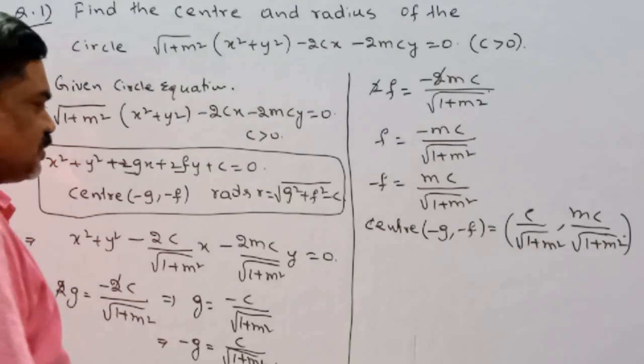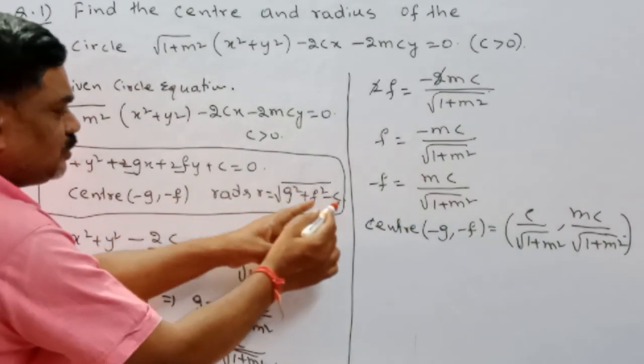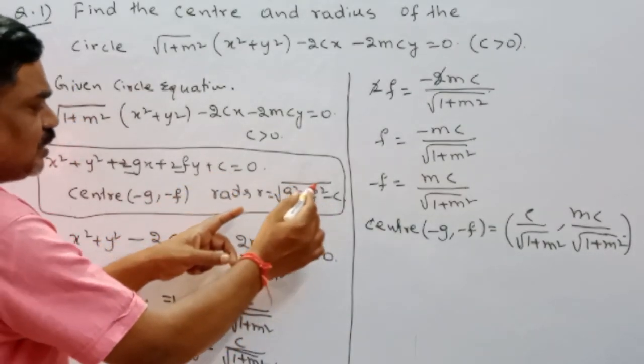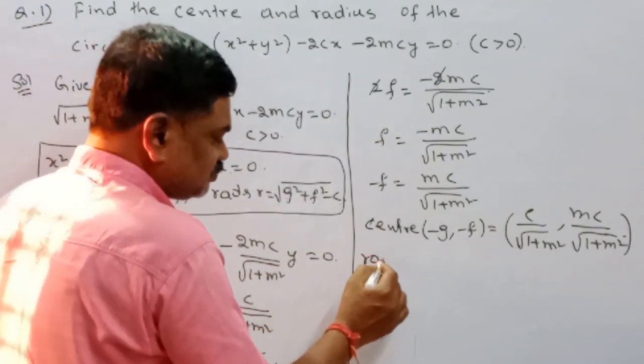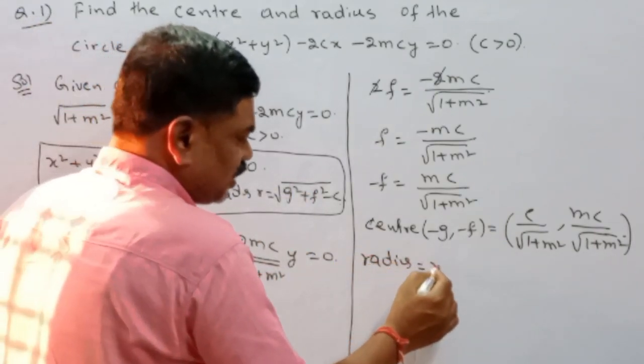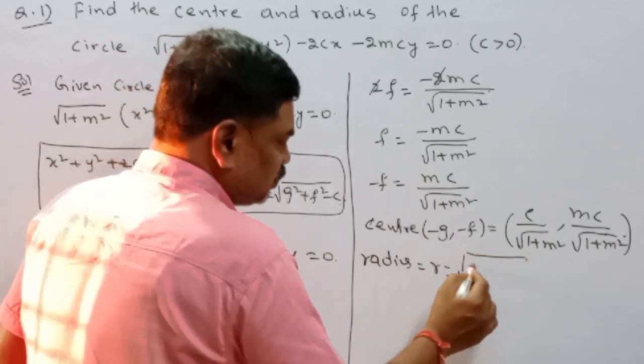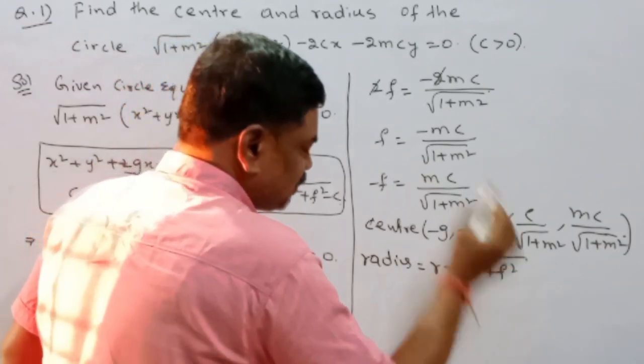And the radius of the circle: the constant is 0, so the radius r is equal to root over g square plus f square.